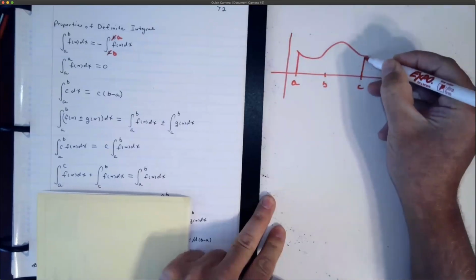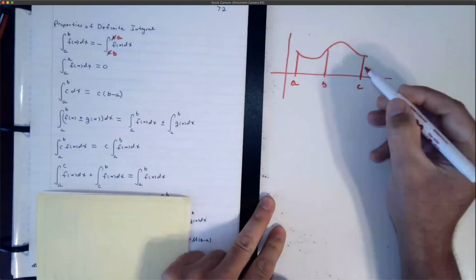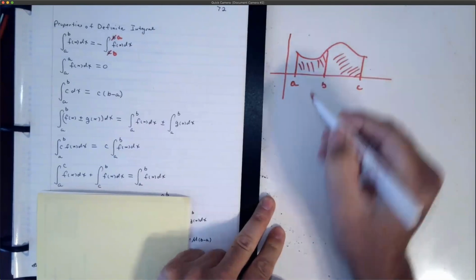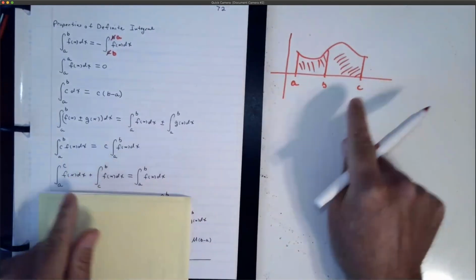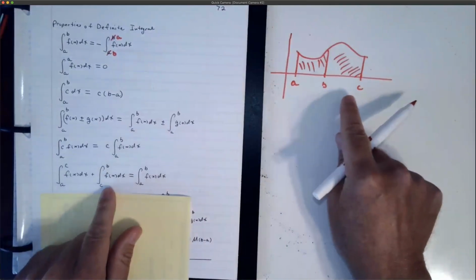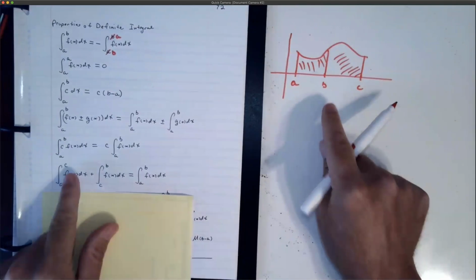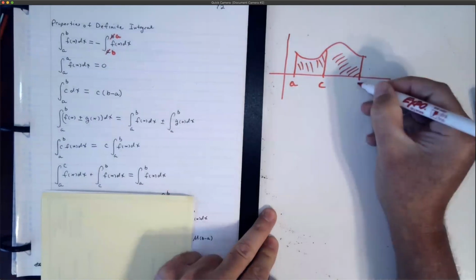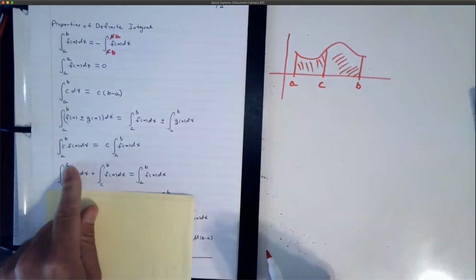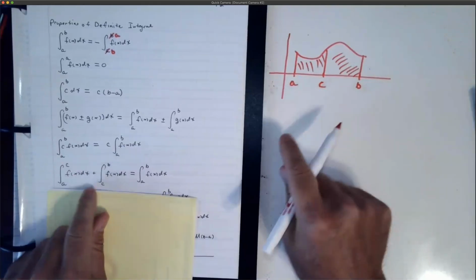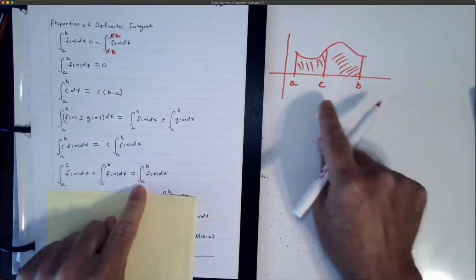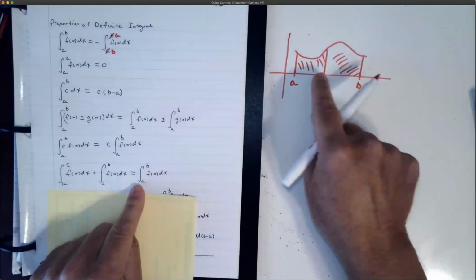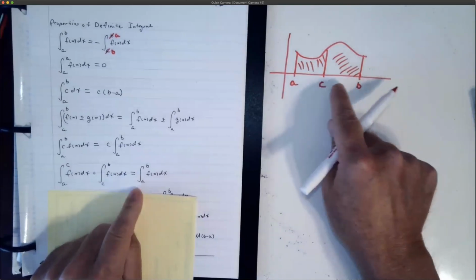So basically what we're saying is the area from A to C is the same thing as the area from A, actually, sorry, I drew it wrong. Let me fix it. So C is in the middle and B is on the right. So the area from A to C plus the area from C to B is the area from A to B. So the big area from A to B is the sum of its parts from A to C and C to B.